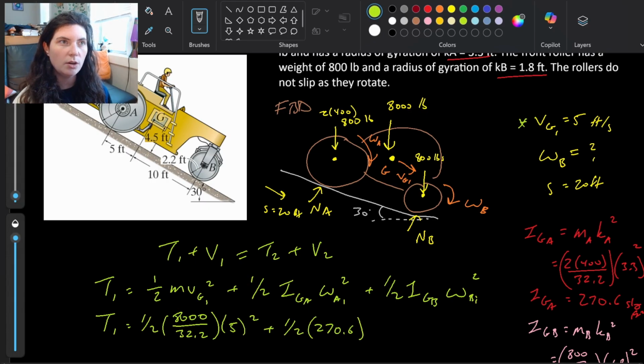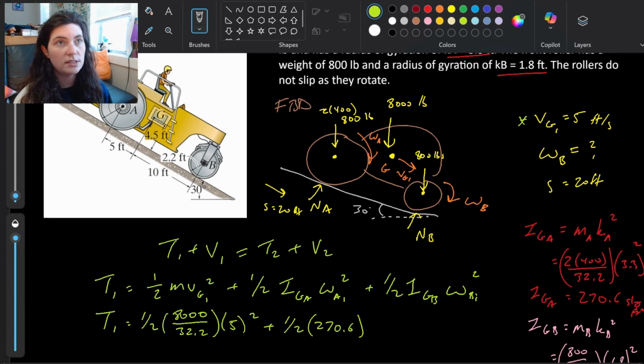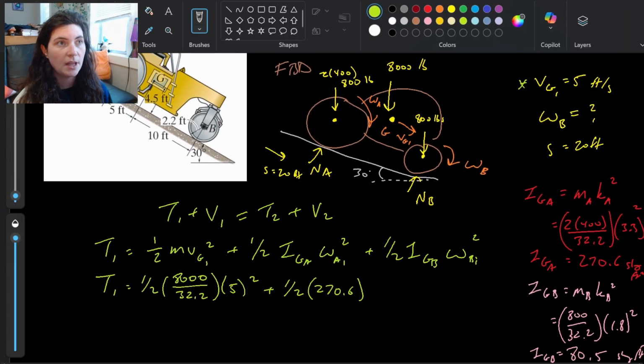Do I know what omega A is? Since these rollers are rolling without slipping, VG equals omega times R. Since A and B have different radii, my omega for each of them is just VG over the radius of each one.